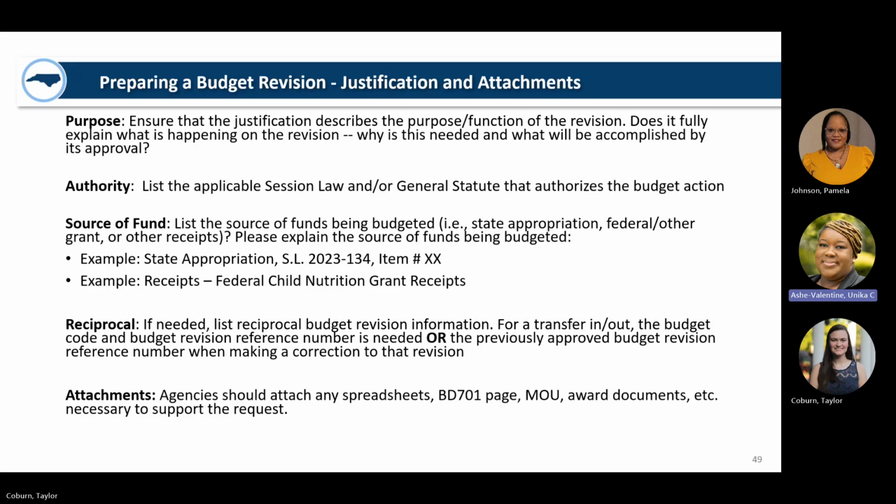Reciprocal: if there is a reciprocal revision, list the budget revision number. If not, simply list not applicable. Attachments: describe the attachments that support the revision. As mentioned before, this outline of the justification is very helpful when justifying the need for the revision. We will be requiring agencies to use this template starting the new fiscal year.